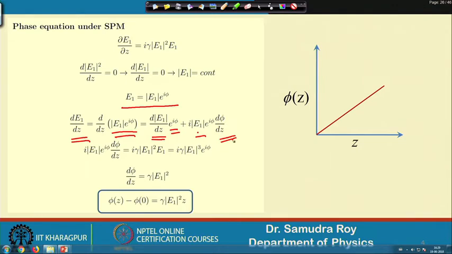But we know that mod of E1 is not a function of z, it is a constant. So, this term will be 0.